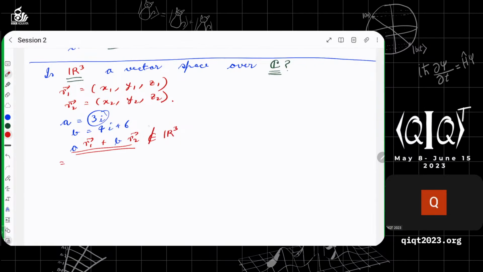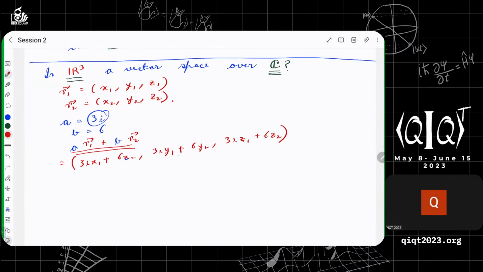So let me calculate it explicitly for you. Let's take a simpler example. Let's say b is 6, then it would be like 3i x1 plus 6x2, and 3i y1 plus 6y2, and 3i z1 plus 6z2.